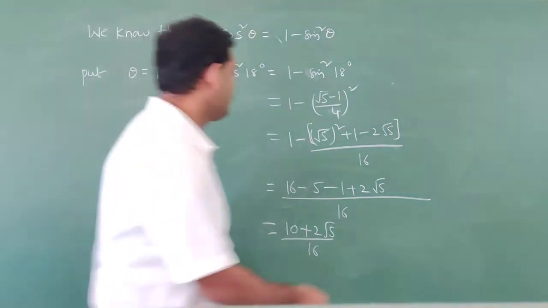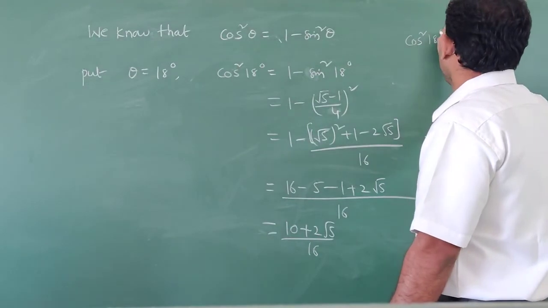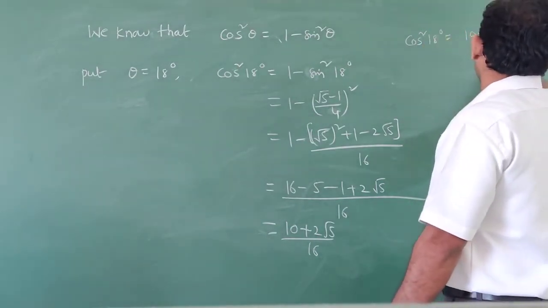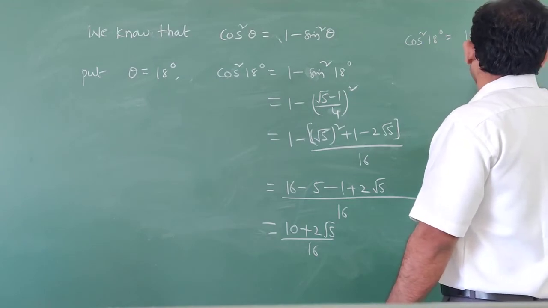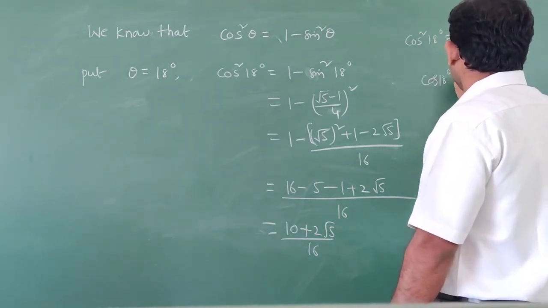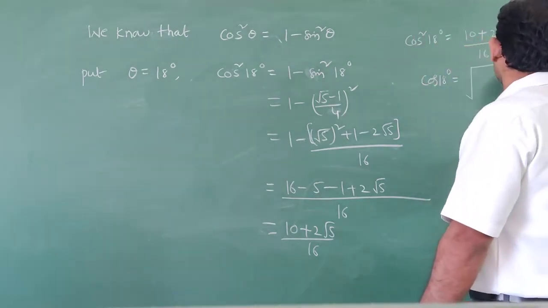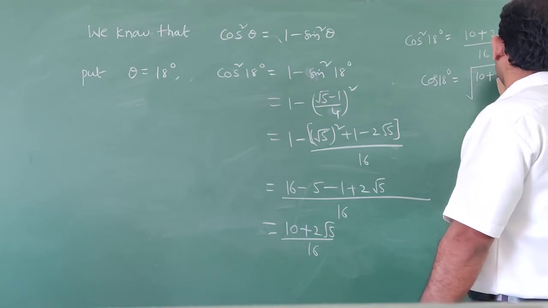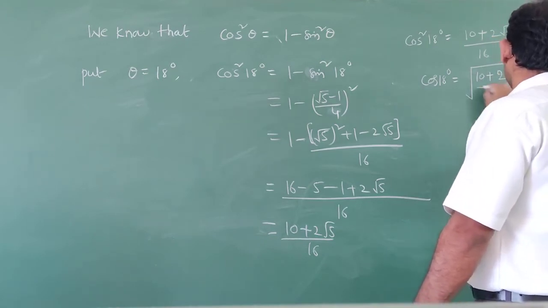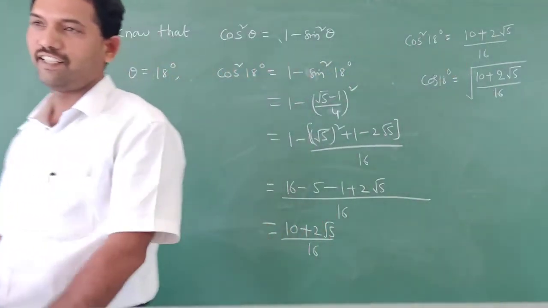Okay, now this is the cos square 18 degrees value. 10 plus 2 into root 5 divided by 16. So cos 18 equal to root over 10 plus 2 root 5 divided by 16. That is your cos 18 degrees value.